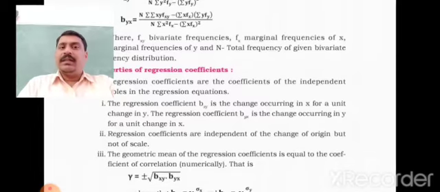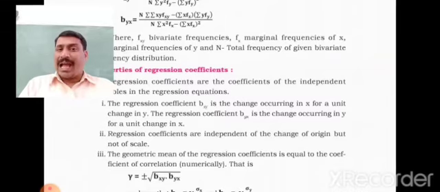And second, regression coefficients are independent of change of origin but not of scale. What is this? Correlation is independent of change of origin as well as scale, but regression coefficients are independent of change of origin but not of scale.